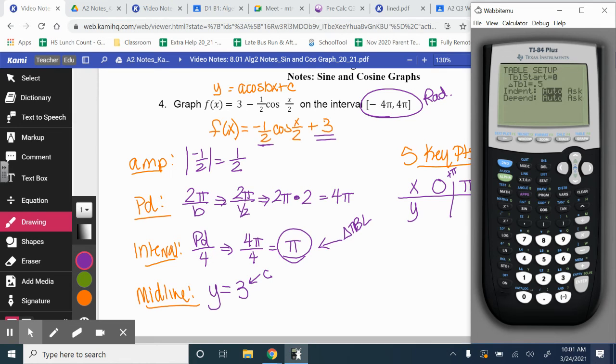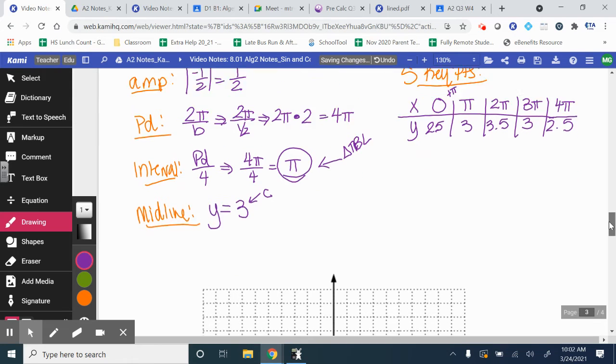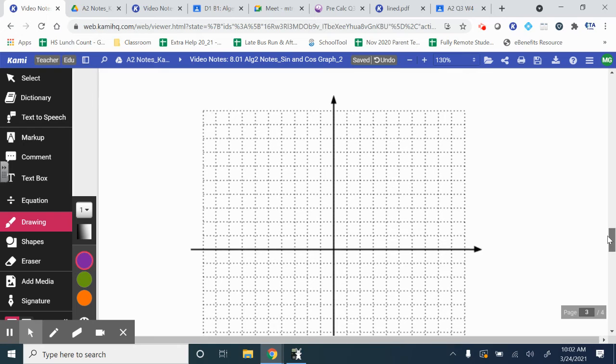And I'm already in radian mode. I want my table to start at 0, and this time I want my interval to be pi. And here I see I've got 2.5, 3, 3.5, 3, my midline, and then 2.5. So I'll show you how to do that graphically as well if you weren't using your calculator.